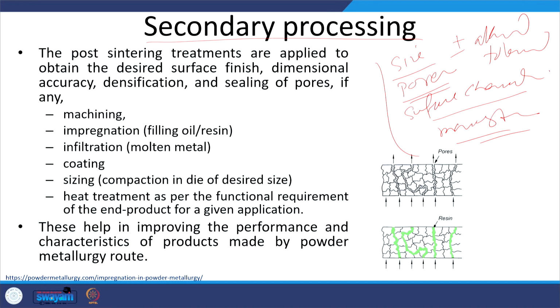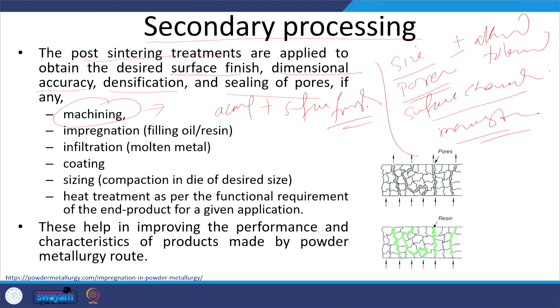Therefore, post sintering treatments are applied to obtain the desired surface finish, dimensional accuracy, densification and sealing of the pores. Machining is done using grinding or super finishing methods that can be used for realizing the desired dimensional accuracy or surface finish.